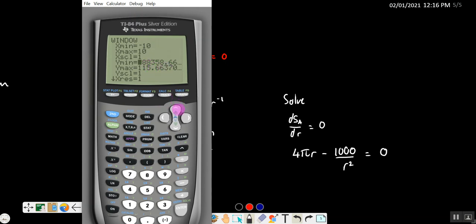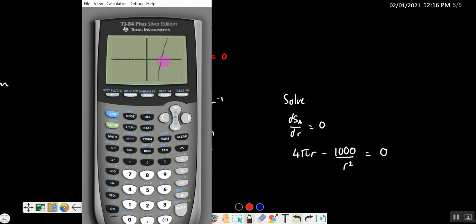Let's just do minus 50 to 50. So sometimes that zoom fit doesn't work. I'm guessing completely. Click graph. All right. So it does cross. So the equals 0 bit is where it crosses the axis, isn't it?